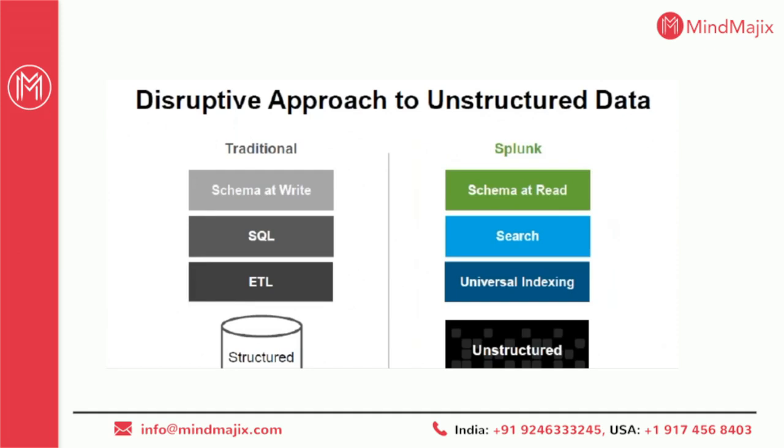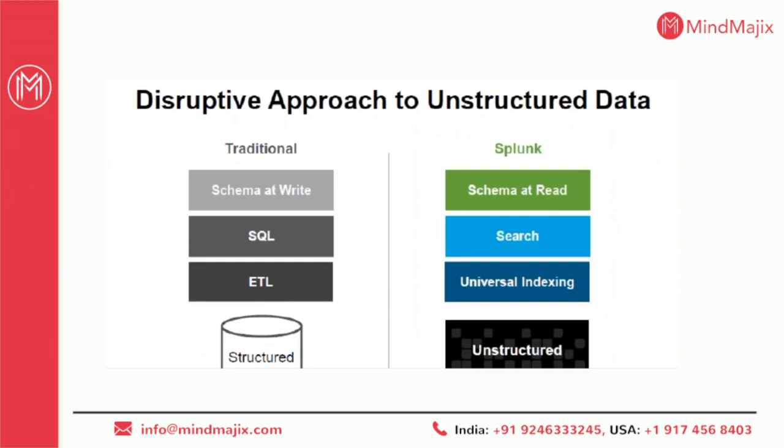When it comes to Splunk, when it is writing data to the disk, it will not create any schema. Instead, it will just write your data, whatever the format is. Whether it is a log, a normal text file, a CSV file, some sensor data or some database data, everything is stored raw on the disk.